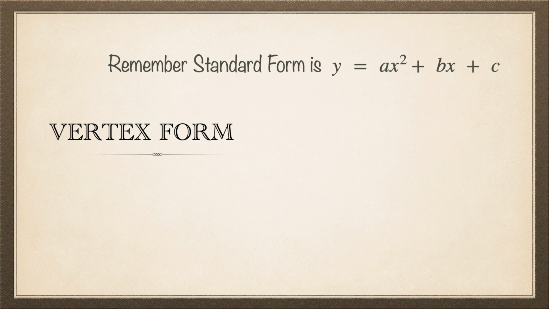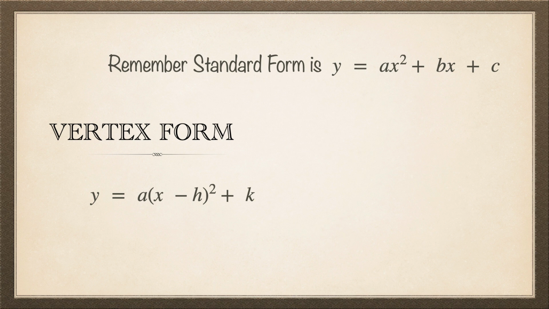Now I can easily find the axis of symmetry and the vertex, but I have to do a little work to do that. Vertex form, what it does for me is I'm able to see the axis of symmetry and the vertex at a glance. So here it is: y equals a times the quantity of x minus h, quantity squared, plus k.